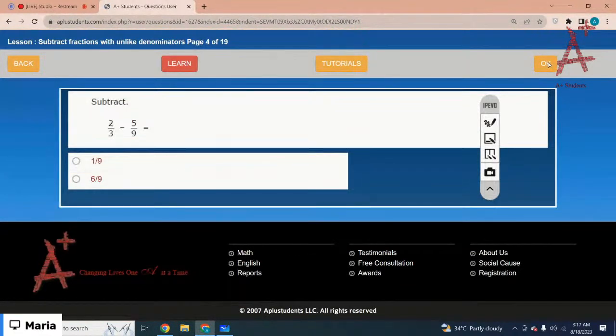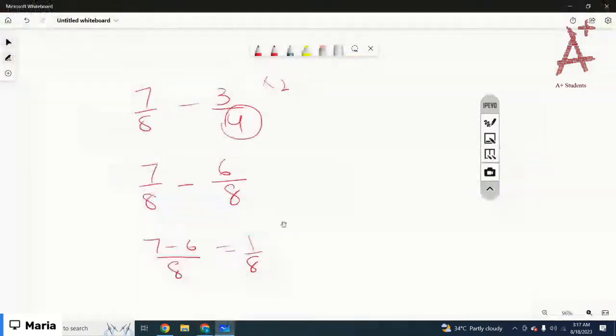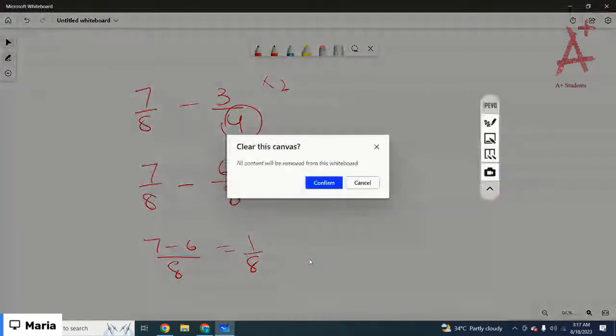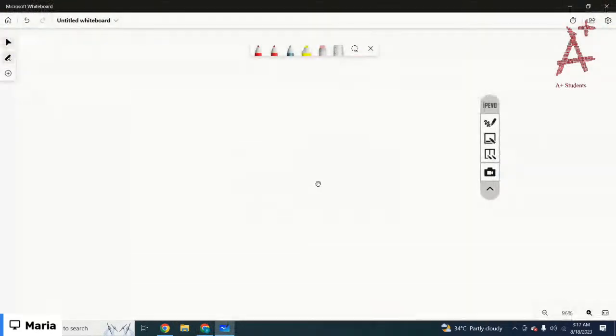The next one is 2 over 3 minus 5 over 9. Okay, so first of all, you have to make their denominators the same. 3 times 3 equals 9. So let's just multiply this fraction by 3.